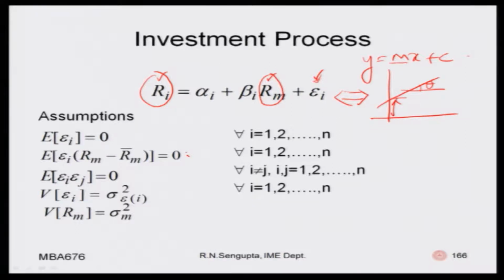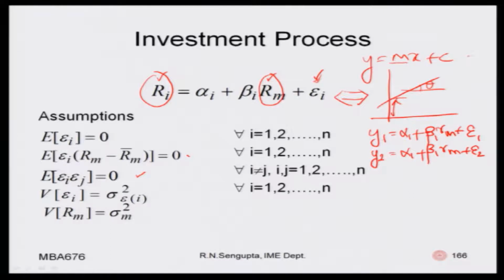Now, if you look at the third one, and you have n sets of equations, I have y1 is equal to alpha 1 plus beta 1 into Rm plus epsilon 1. Then in the next case we have y2 is equal to alpha 1 plus beta 1 Rm plus epsilon 2.